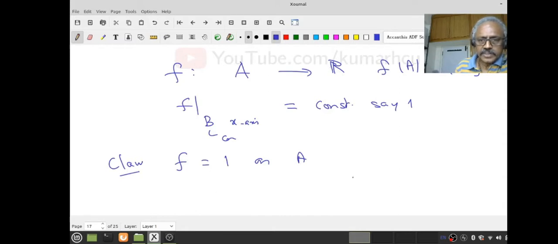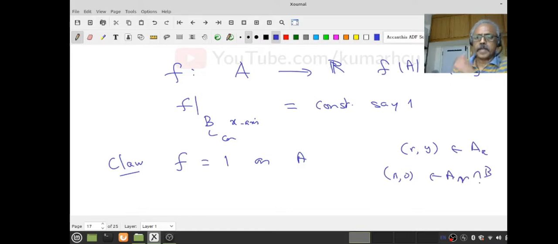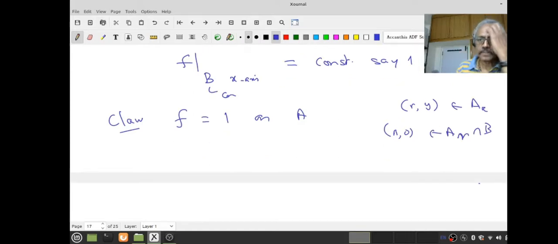Now start with any point (r, y) in Ar. The point (r, 0) is common to Ar intersection B. And now when I restrict f to Ar, since Ar is connected, this is a constant.